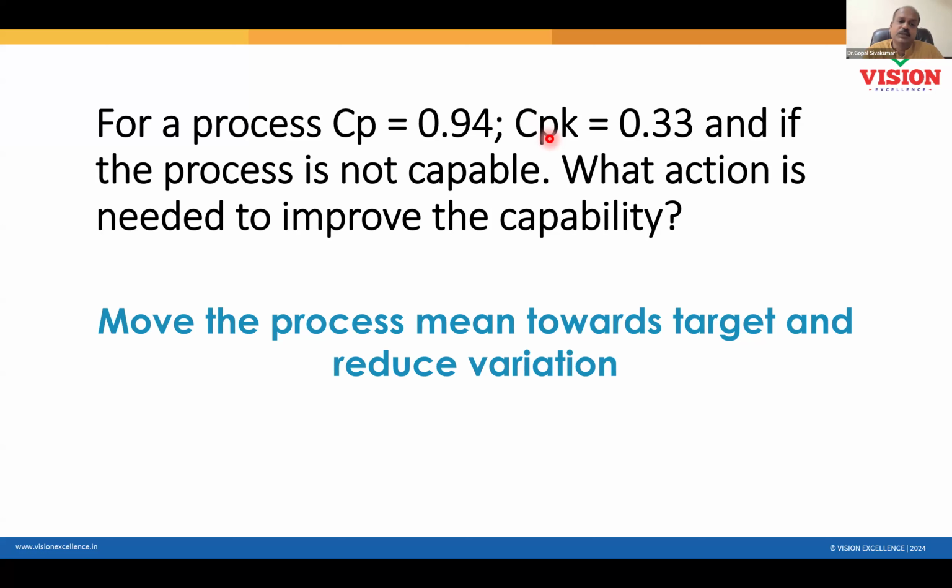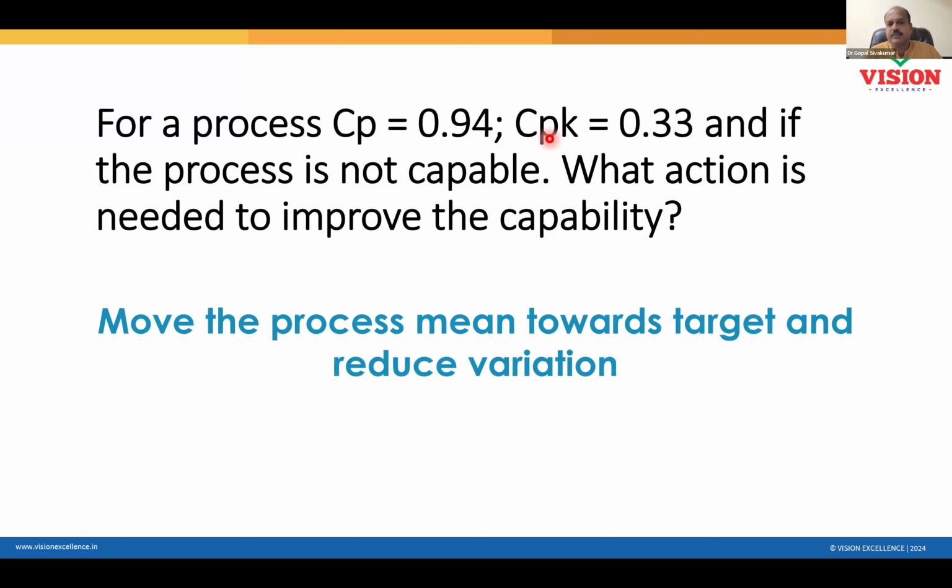Whether it is unilateral or bilateral, whether the limit is above 15 or below 15, that is a customer requirement. Based on that only, the formula for CPK is designed. All that you need to do is to go through the steps and calculate the CPK. And if CPK is more than 1.67, all good. Otherwise, unacceptable.